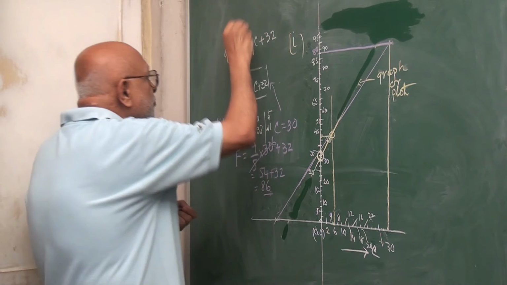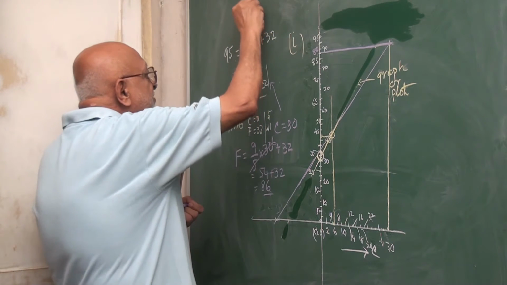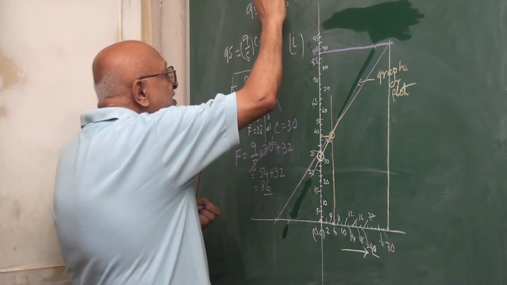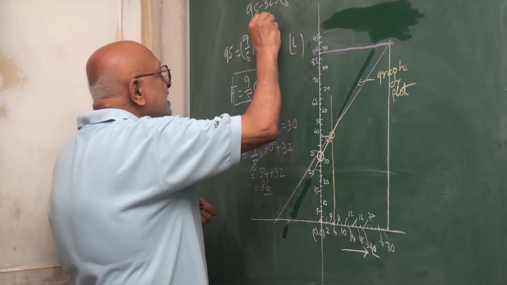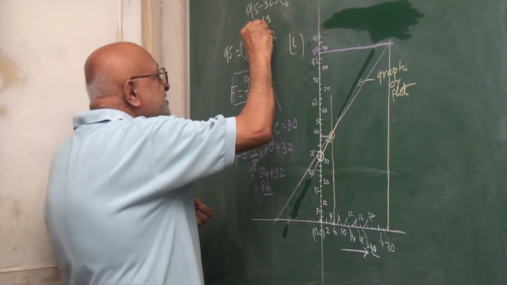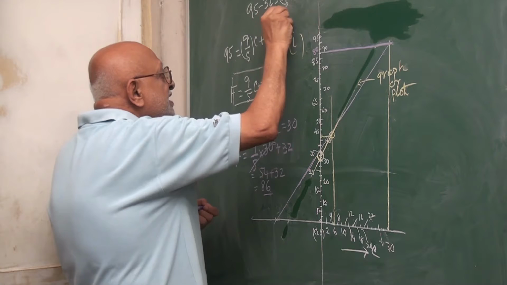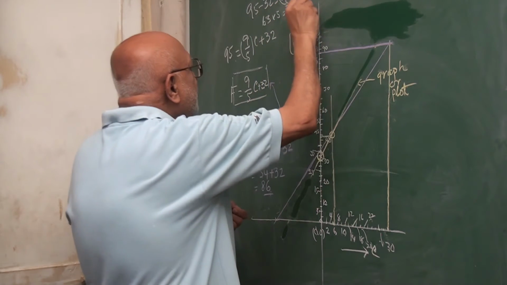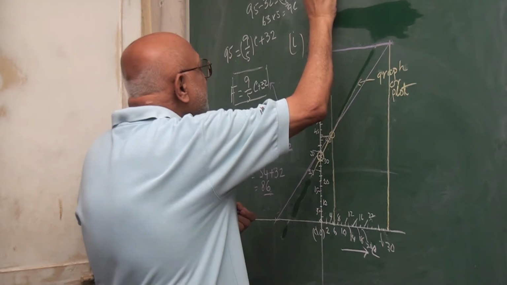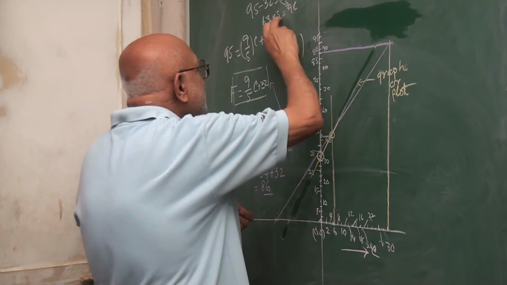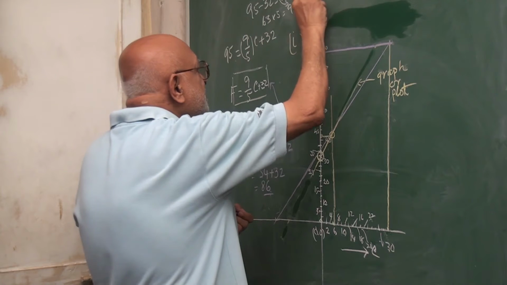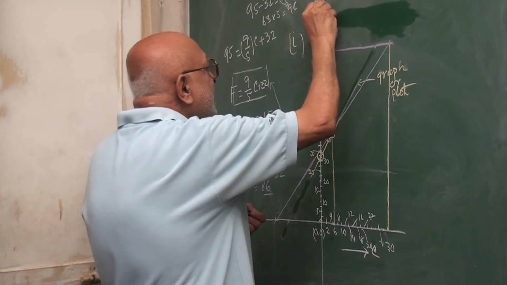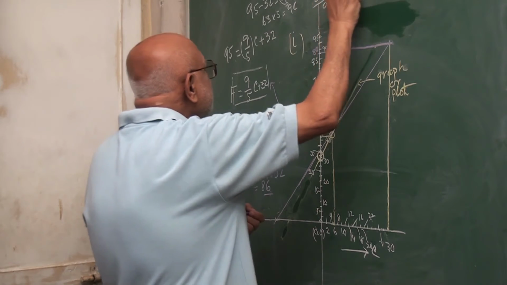Okay, so 32 goes there, 95 minus 32 is equal to 9 by 5 into C. So that is 63 into 5 is equal to 9C. Therefore this is 5 and this is 30 plus 31, divided by 9 is equal to C.